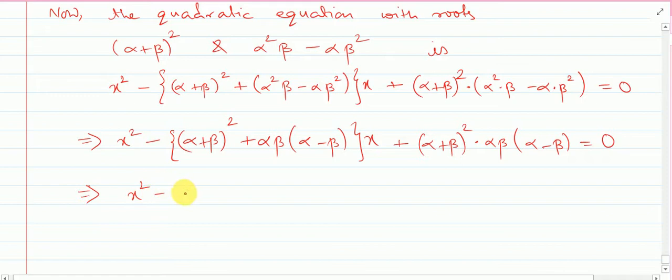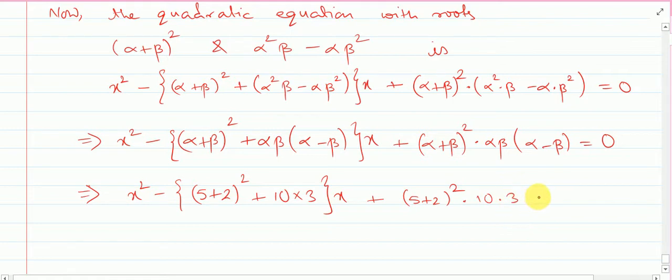So x square minus, for alpha I'll put 5 and for beta 2. Alpha into beta will be 10 and alpha minus beta will be 3. Here alpha plus beta will be this, into 10 into 3, is equal to 0.